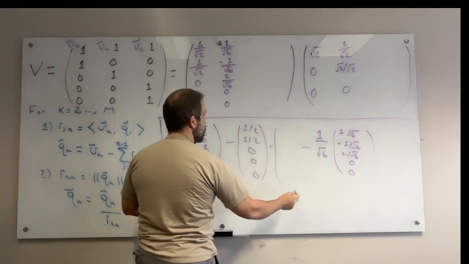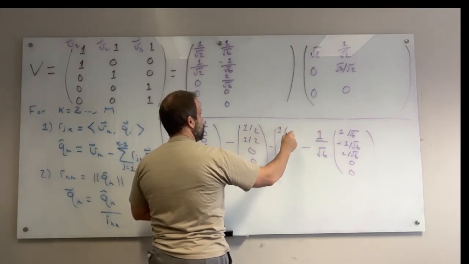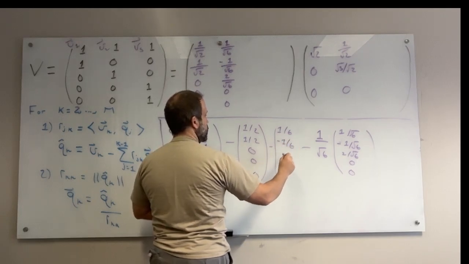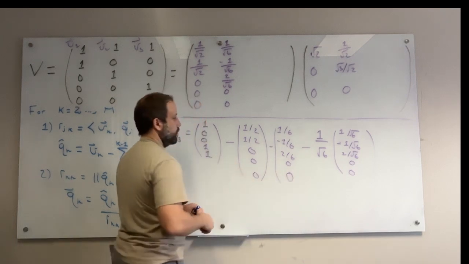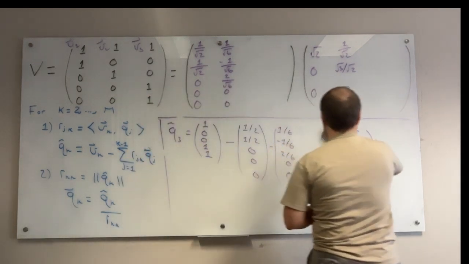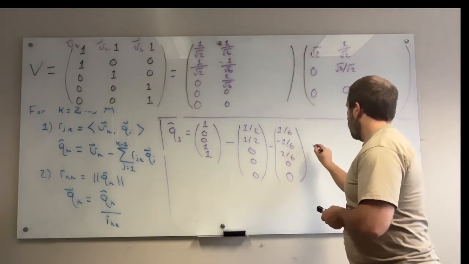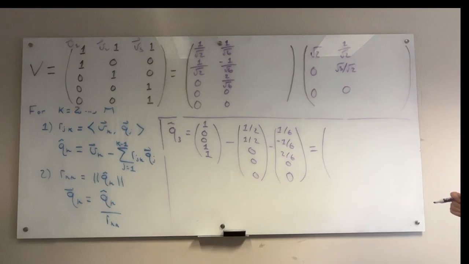Okay, and now similarly over here, when you put the 1 over the square root of 6, we're going to have 1 over 6, minus 1 over 6, 2 over 6, 0, 0. Okay. So as you can see, it's really only on this one where the arithmetic gets a little bit irritating, but I have confidence that we can do this.